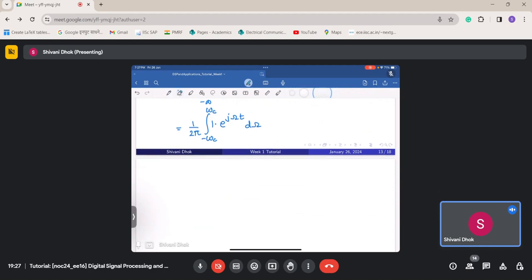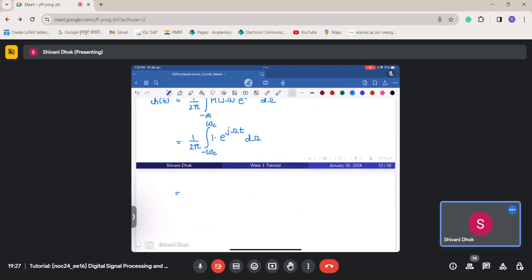So this comes out as 1 upon 2 pi, e power j omega t upon jt, evaluated over the range of minus omega c to omega c.